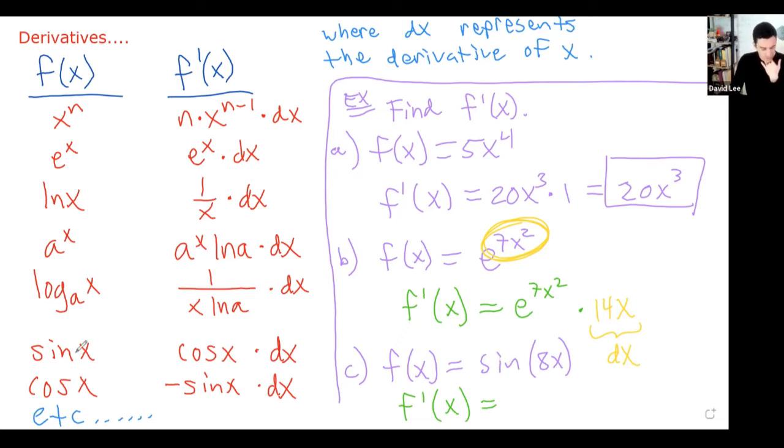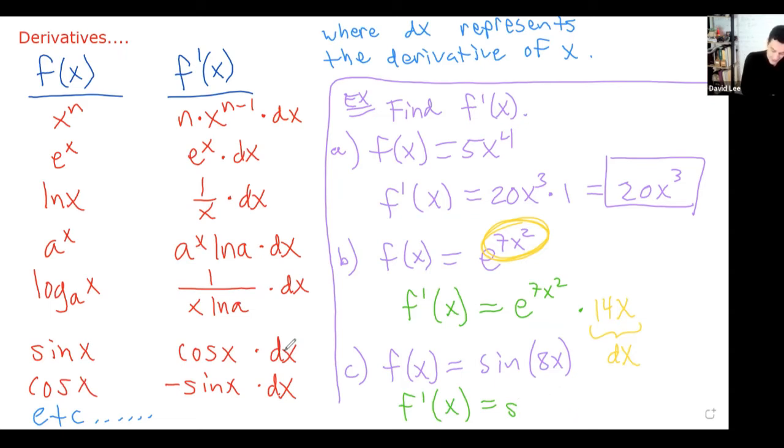According to my rules, the derivative of sine is cosine. The derivative of sine of blah blah blah is cosine of the same blah blah blah. So this would be cosine of 8x. But then I have to multiply by dx.